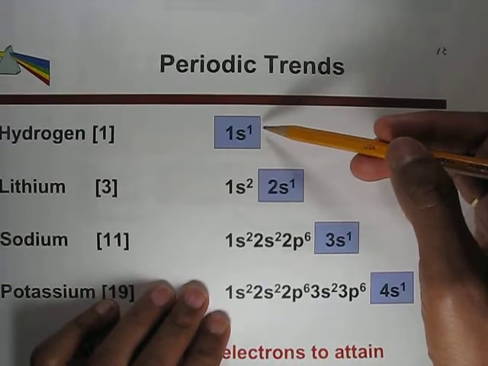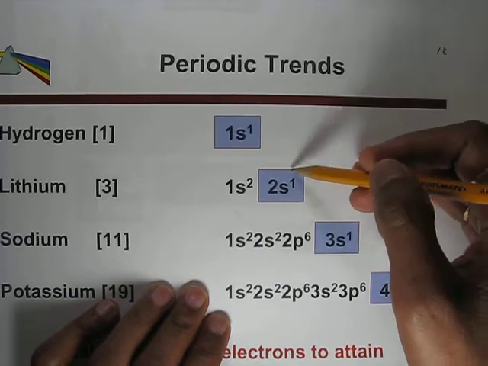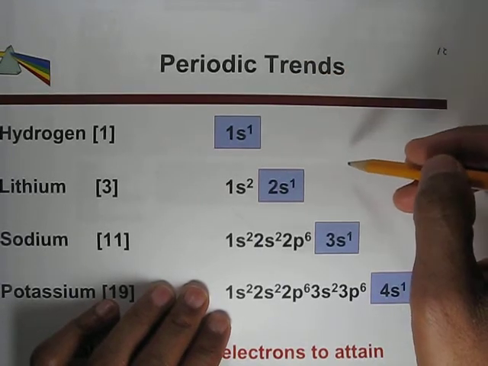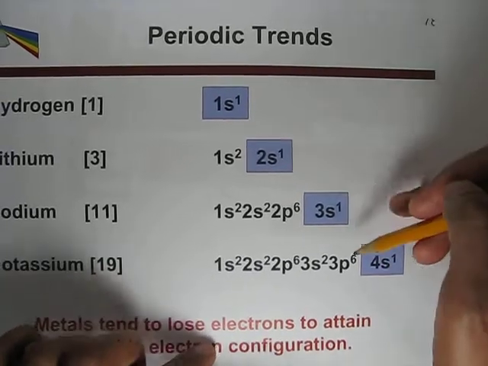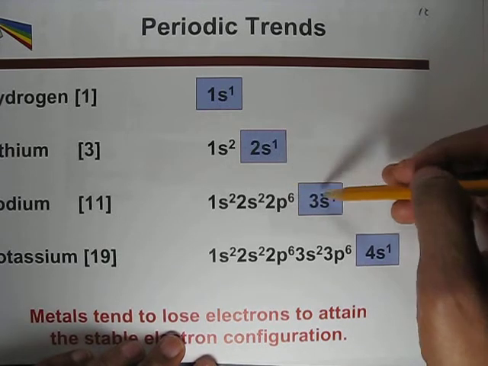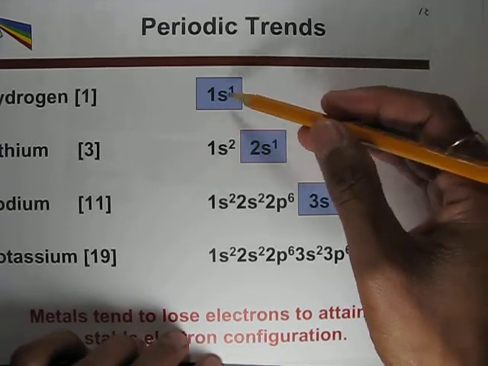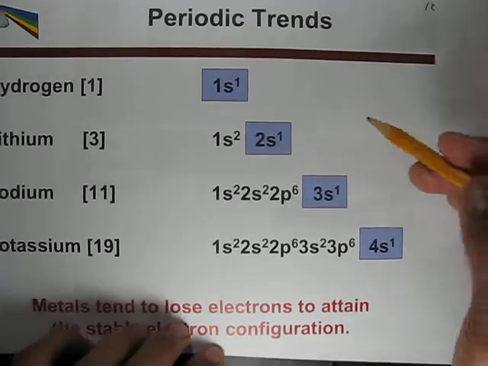Valence means the last shell, and valence electrons mean the last electrons which exist in the valence shell. So these electrons, 3s1, 2s1, are the valence electrons, and these subshells are called the valence shell.